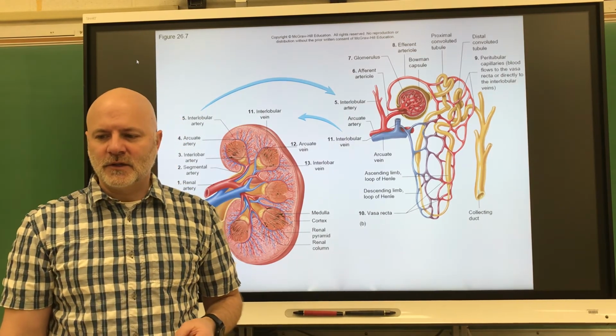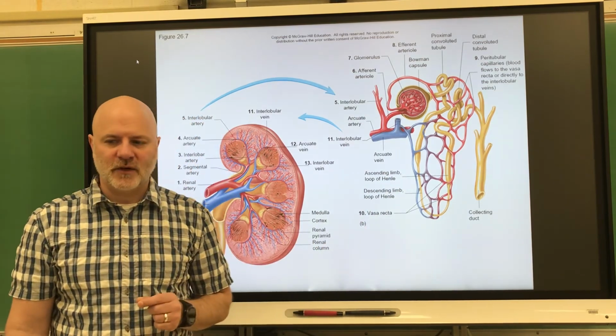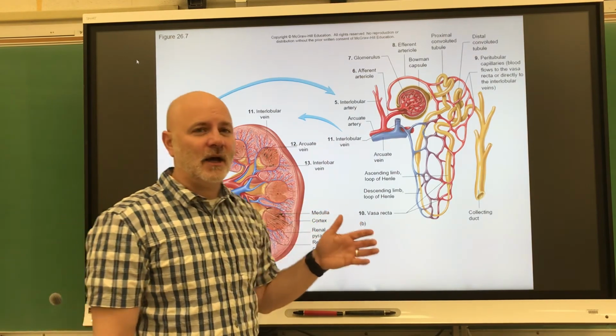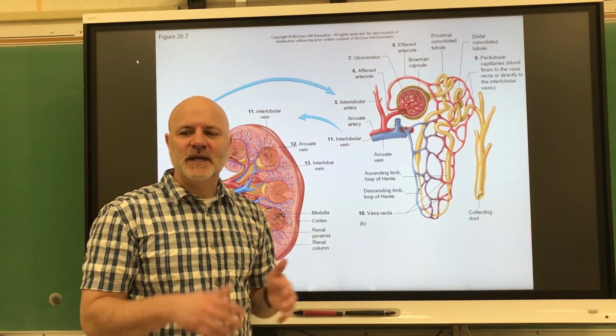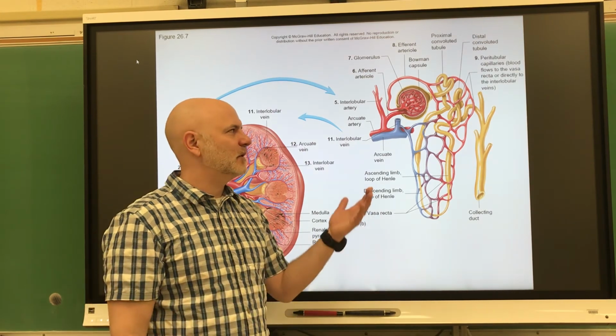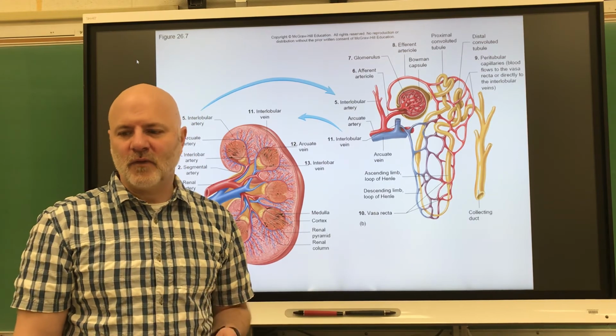If no aldosterone is secreted, we lose about 2% of our sodium. Next is atrial natriuretic hormone, and as I talked about before, it has the opposite effects of aldosterone. It prevents us from reabsorbing more sodium. By getting rid of more sodium, we get rid of more water.